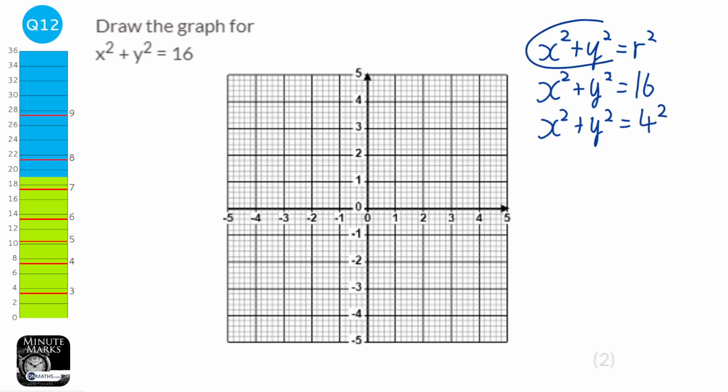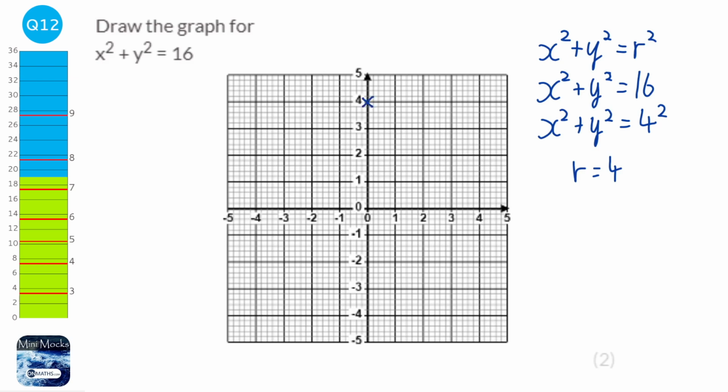Comparing this equation to this equation, we can see that r is 4.